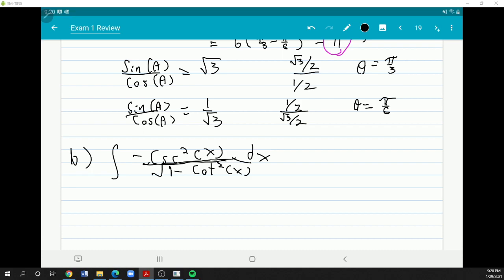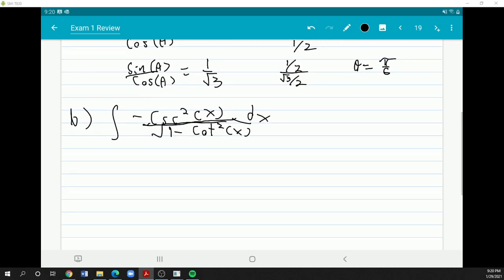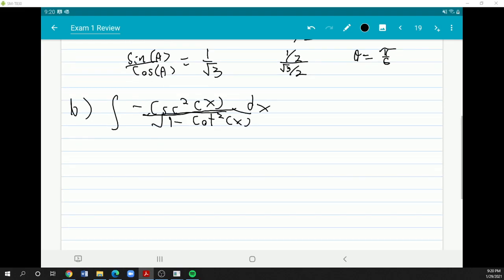Alright, so I look at this and I notice this looks kind of like a sine inverse integral. I've got a 1 minus something squared in the square root, so that's making me think sine inverse. I see cosecant squared, that's a derivative of cotangent, so let's try that for u. So let u be cotan of x, then du is minus cosecant squared x dx.